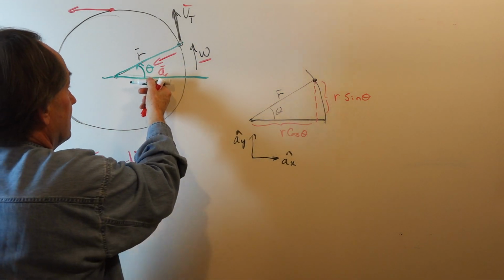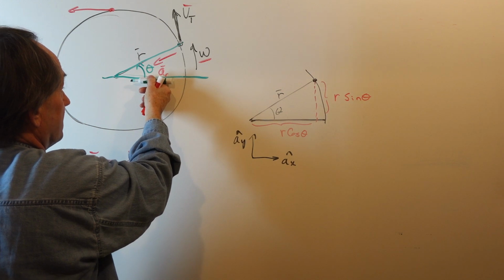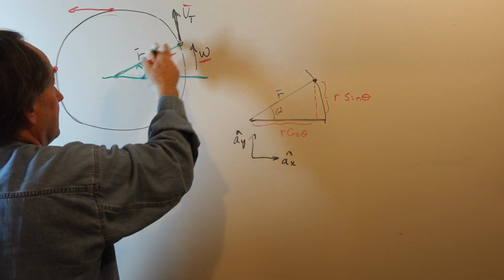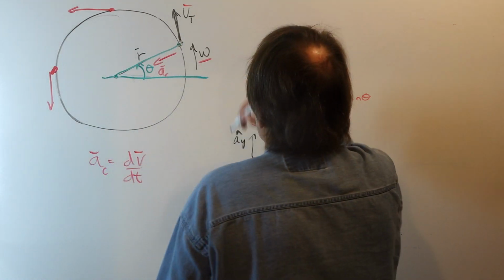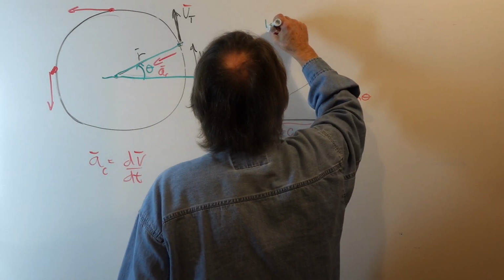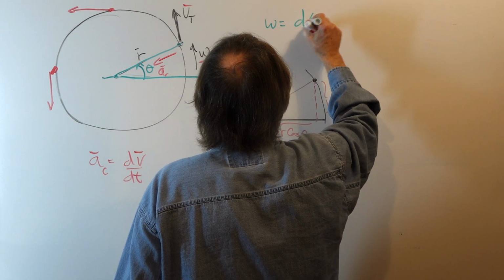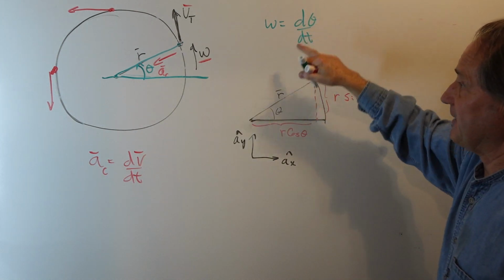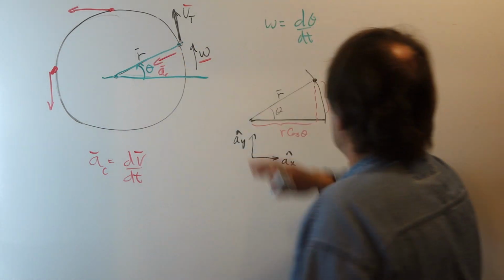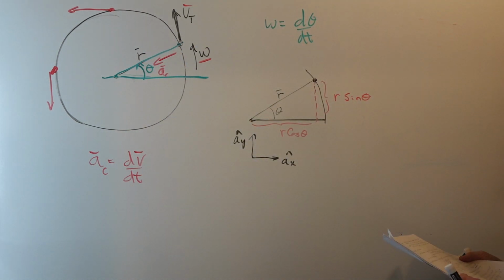It's the angular measure from our horizontal datum to a radial line that connects the object to the center of the circle. We call that theta. Well, omega is the time derivative of angular measure with respect to time. It's the amount that this angular measure changes with time. That's what we mean by omega.